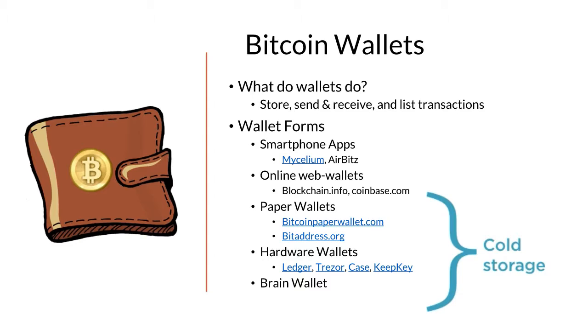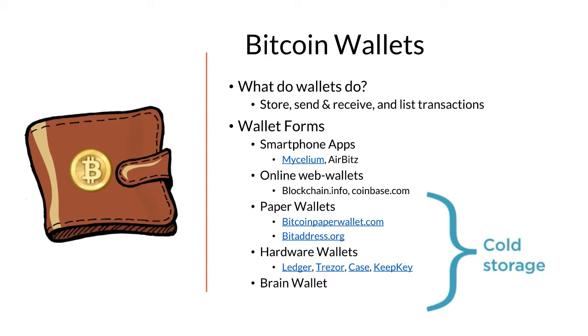But I'm going to talk more about the actual storing of private keys. Wallets take 2 main forms: hot storage and cold storage. Hot storage is basically anything connected to something digital, whether it's on your computer or in the cloud, while cold storage is encoded in the physical world.